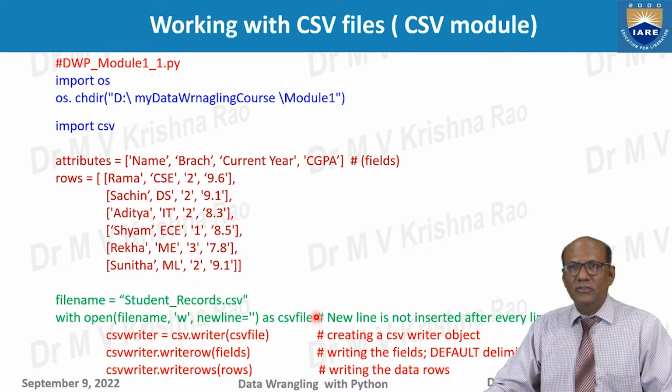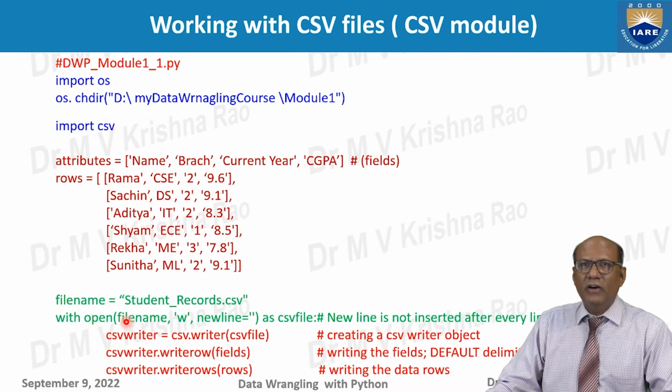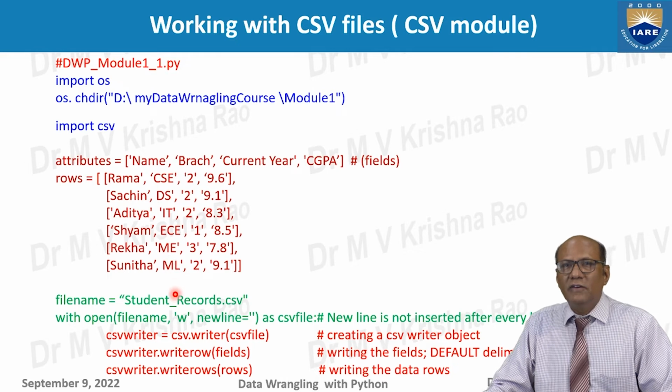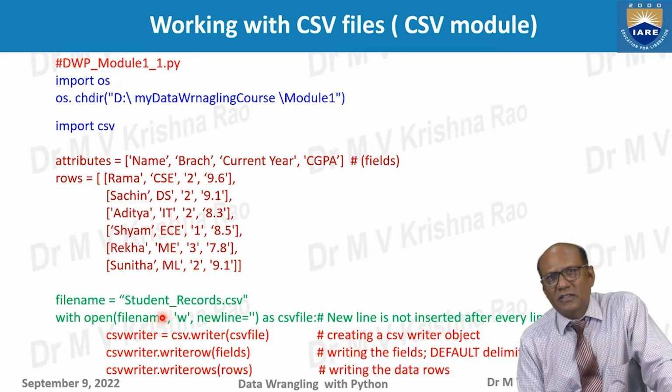You should not forget this colon. It is important. Once you open this, it is equivalent to a file pointer, or file ID in the case of C language. In C, if that is -1, you are not able to open the file. Somehow there is some problem in the hard disk, or some problem in the path. So something is there. Okay.